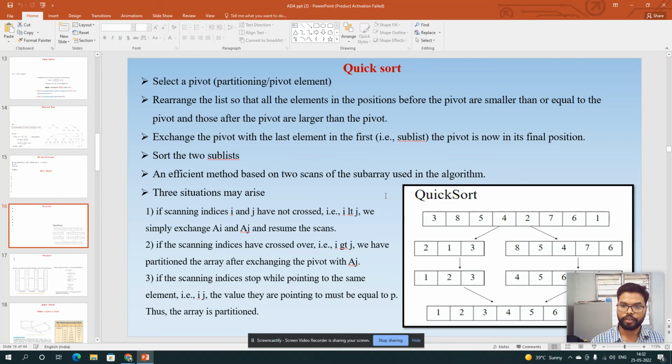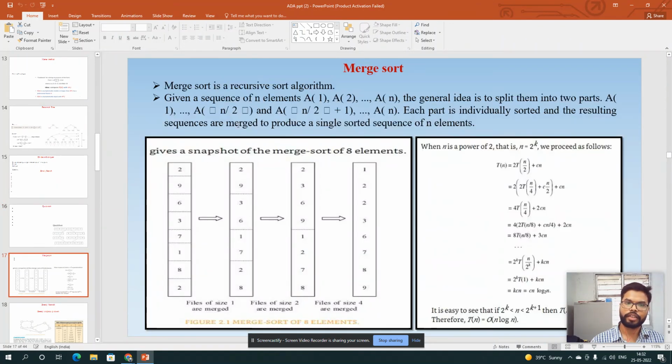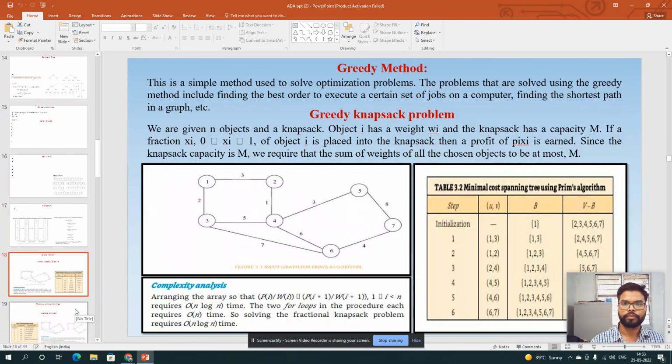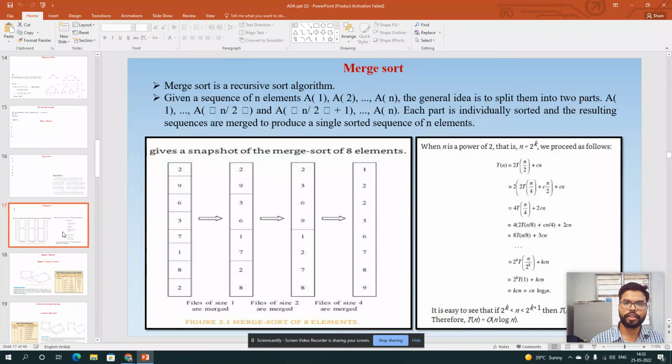This is the example of quick sort. Merge sort is also an example of divide and conquer. The merge sort takes O(n log n). So these are a few examples which can be solved using divide and conquer.